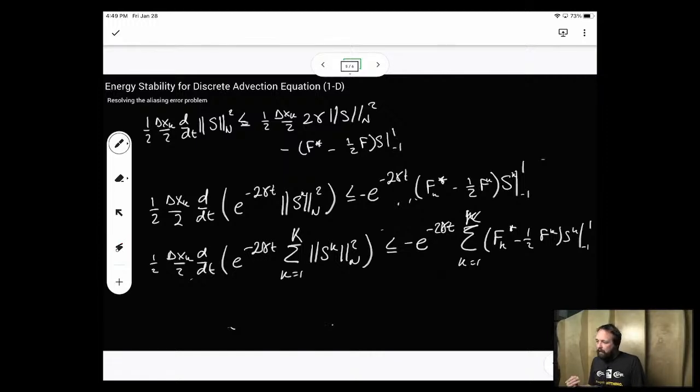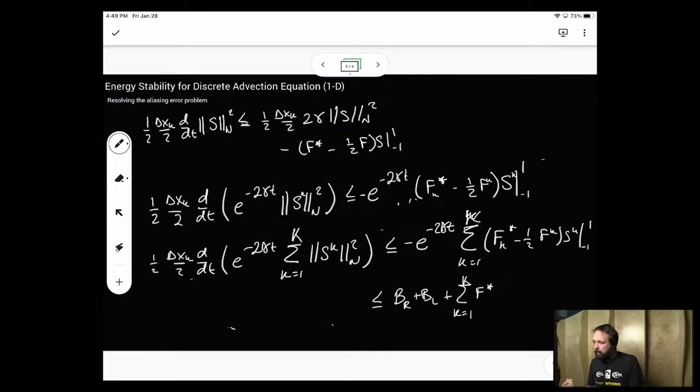So the big one that's a problem for us, I'm going to go ahead and put in here boundary terms, so B_R plus B_L, and they turn out to be bounded by the same bounds that we found in the continuous form. And then we have interior fluxes. So this is the fluxes between elements where you might have jump discontinuities. And so this is why you have to be really careful about how you handle these.